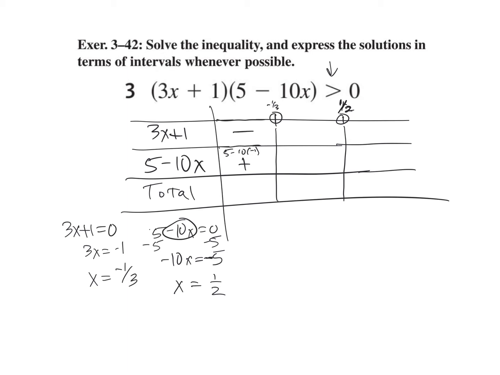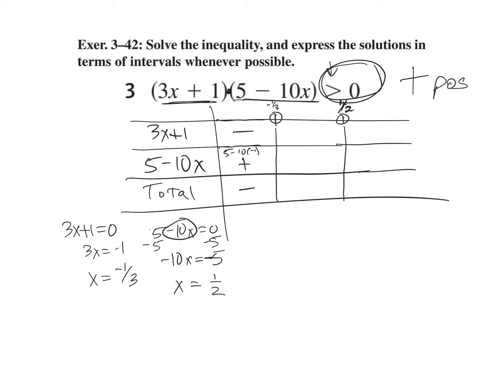So all the numbers left of negative 1/3 in the first one are going to be negative. In the second one, it's going to be positive. So when you multiply those two together, because that's what we're doing, you get a negative, which does not match what we're looking for. We're looking for positive totals.